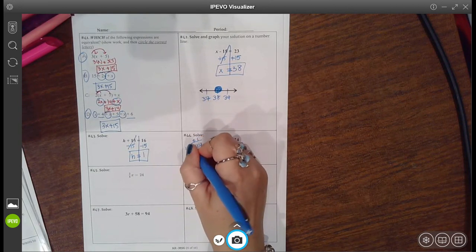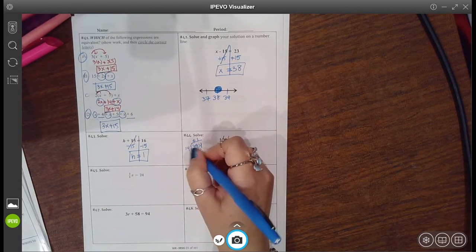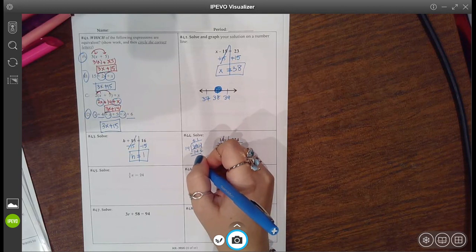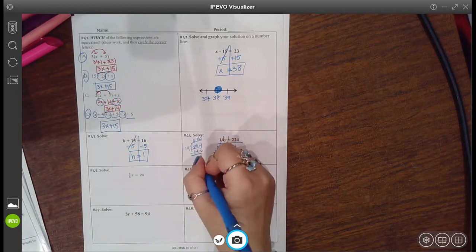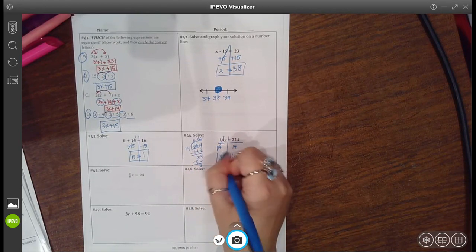Subtract that, and you get 10. Bring down the 4. 14 goes into 84. 8? No. 7? No. 6. Okay. So it goes in 16 times.